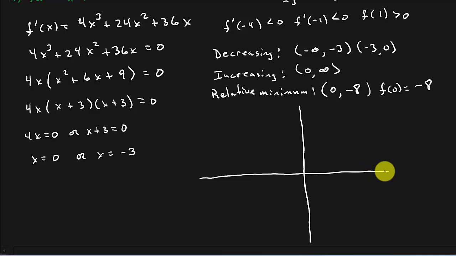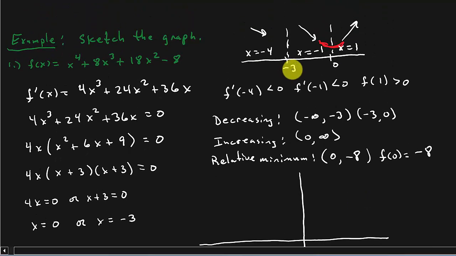All right. So I've got the value 0, negative 8. That's my relative minimum. Now, also, what I would want to do here is I've got another point. Negative 3 is a critical number.